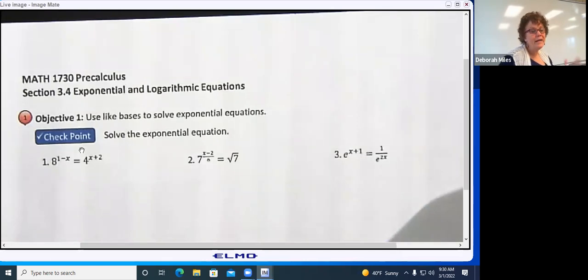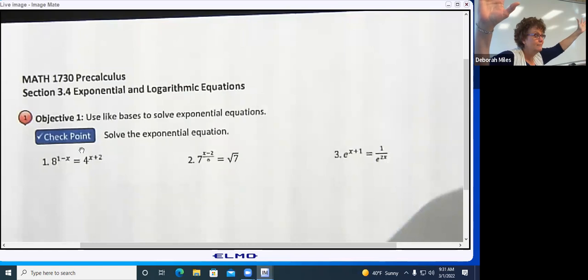So number 1, we can write both sides having the same base. And I think we had a few of these in the very first section of exponential equations. We said if you have 7 to the animal equals 7 to the duck, what do you know about the animal? If 7 to the animal equals 7 to the duck, then the animal has to be a duck.